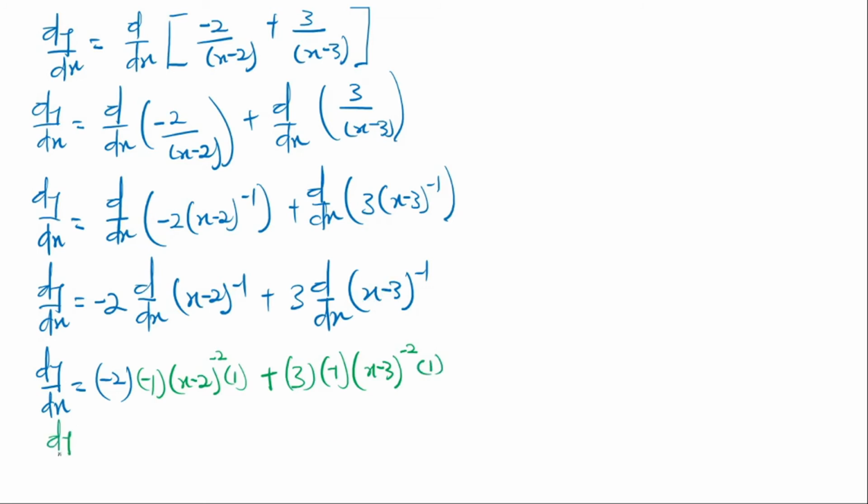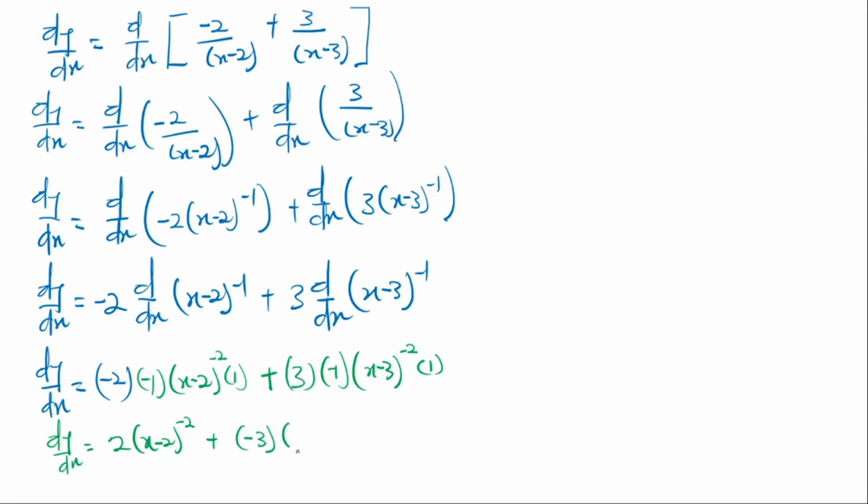So it means our dy/dx is equal to negative 2 multiplied by negative 1, which gives us positive 2, into (x minus 2) raised to the power negative 2, and still multiplied by 1 is still positive 2. Then plus we have positive 3 multiplied by negative 1, that will give us negative 3, multiplied by positive 1 is still negative 3.